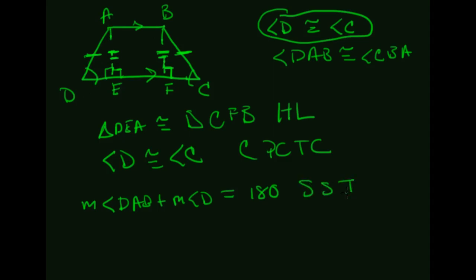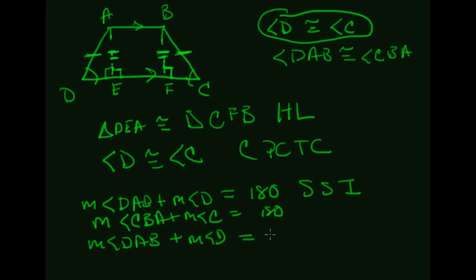That's because they're same side interior angles. Likewise, the measure of angle CBA plus the measure of angle C has to equal 180. Well, that means that the measure of angle DAB plus the measure of angle D has to equal the measure of angle CBA plus the measure of angle C, because they're both equal to 180.